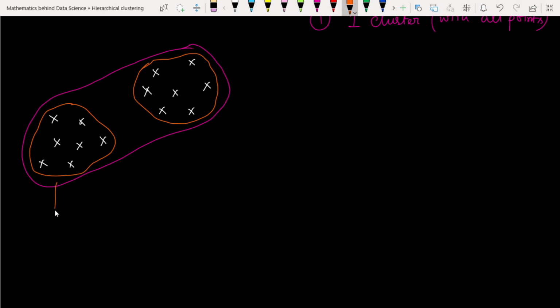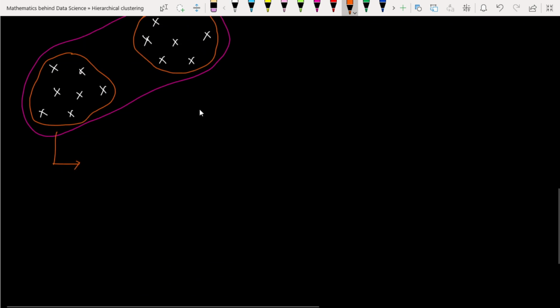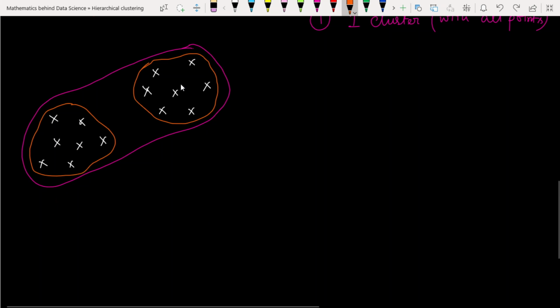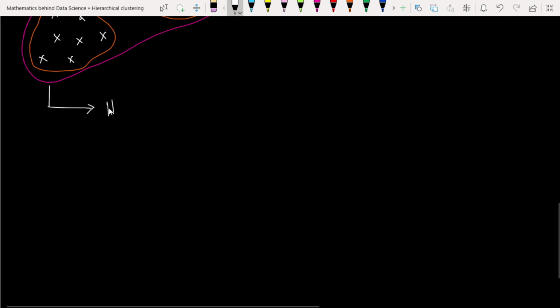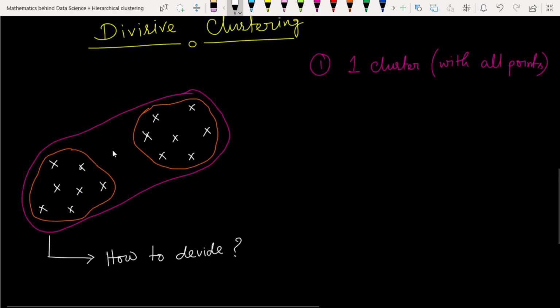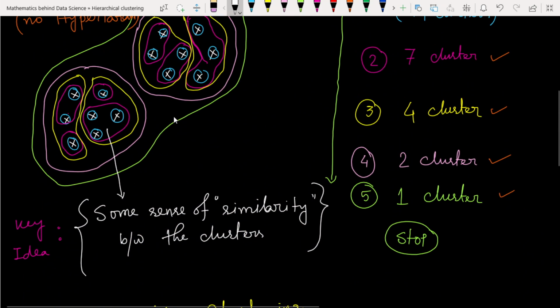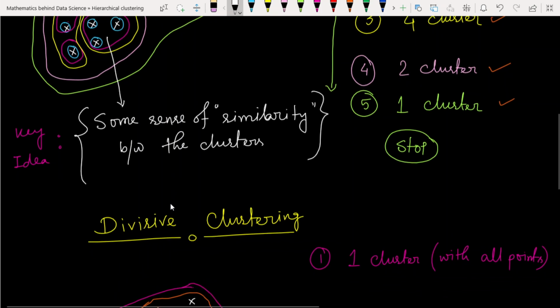Now the question that arises here is: how to divide this data set? Here we will divide the data set by some sense of measure between the clusters.